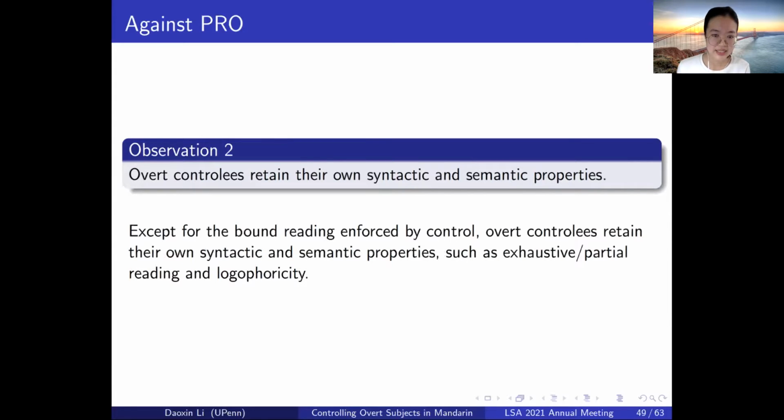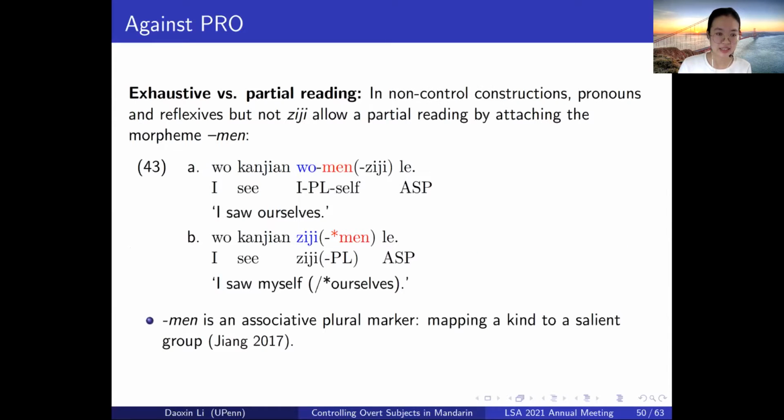And the second observation is that the overt controlees retain their own syntactic and semantic properties under control. One example is the exhaustive versus partial reading. In non-control constructions, the pronouns and reflexives allow a partial reading by attaching the morpheme men. So in A, it's grammatical in Mandarin to say "I saw ourselves" by attaching the morpheme to the pronoun.